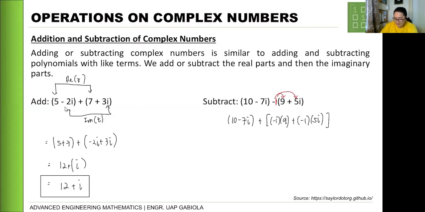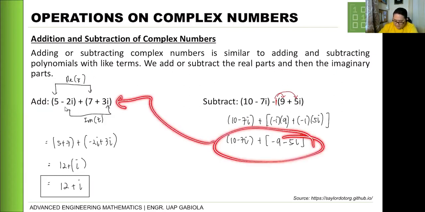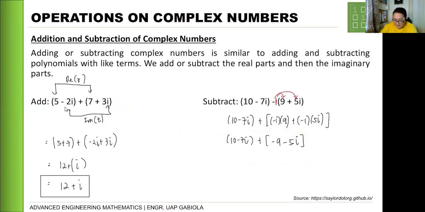Okay? So distribute lang natin ulit. Okay? So 10 minus 7i plus negative 9 minus 5i. So parang meron na tayo ng addition na form na ulit. Okay? Para hindi na tayo nalilito sa sign mamaya, no? And then we can now combine yung ating real to real and then imaginary to imaginary.